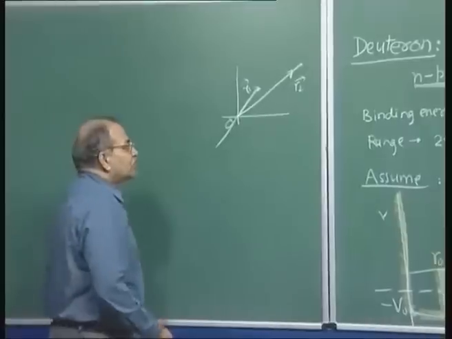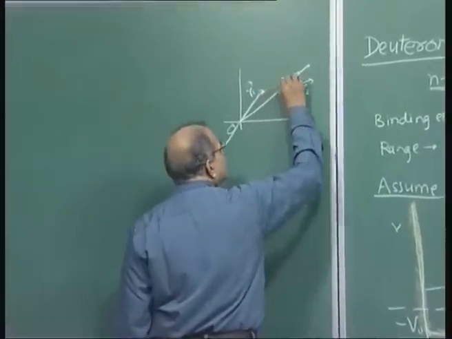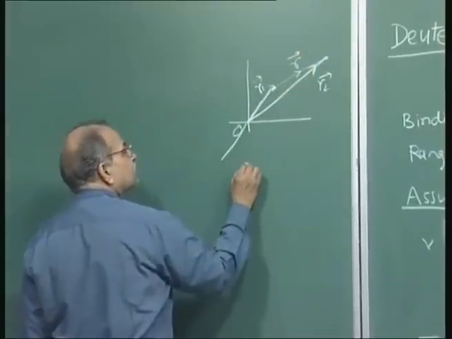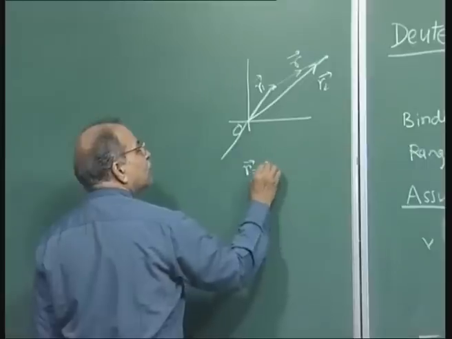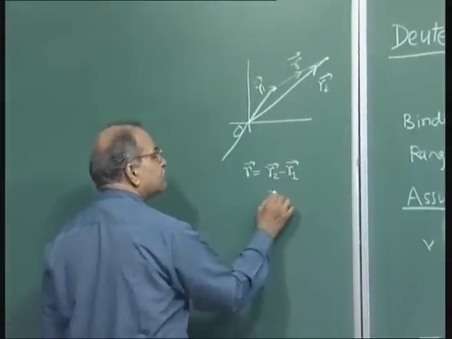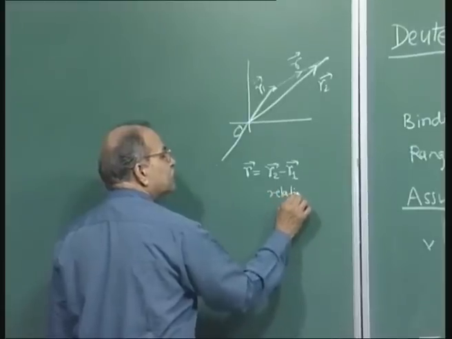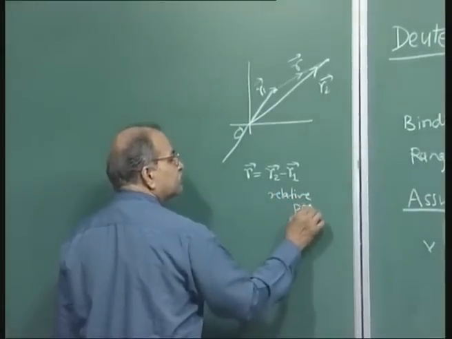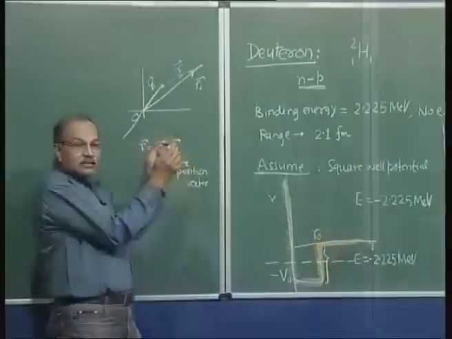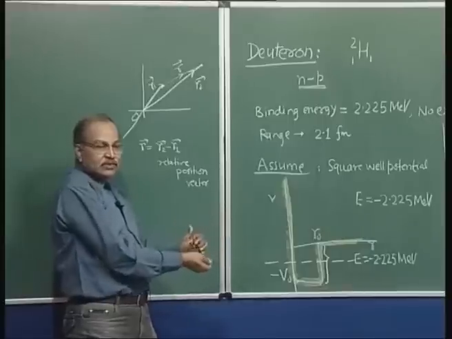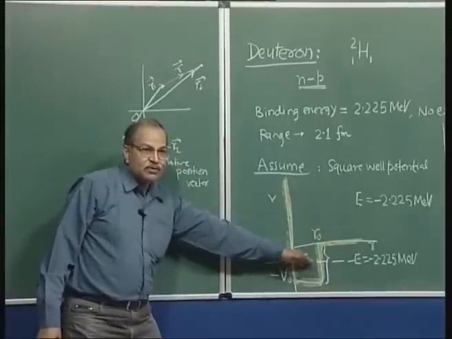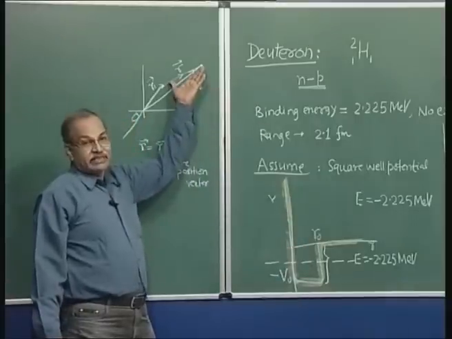But then this vector, the relative position vector, is r equal to r2 minus r1. This potential energy and energy states, energy levels, they all correspond to this relative position vector.